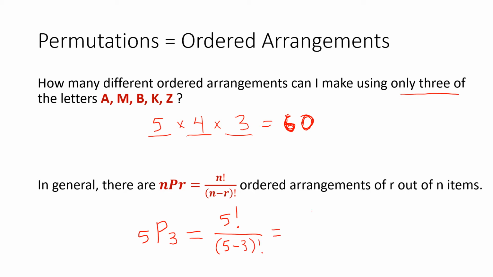And that would give us 120 divided by 2, which gives us 60. So that's the general formula that can be used to count the number of ordered arrangements that can be made using r out of n items.